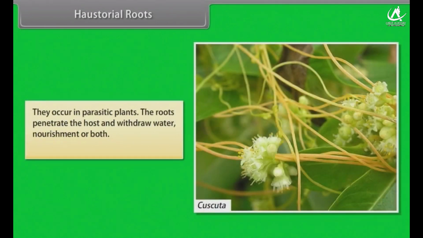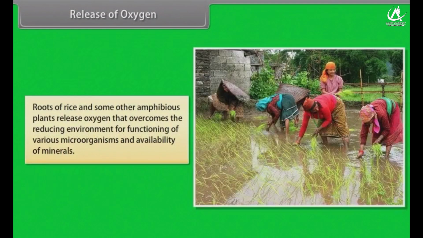Haustorial roots occur in parasitic plants. The roots penetrate the host and withdraw water, nourishment, or both. Examples: Cuscuta, Viscum. Release of oxygen: roots of rice and some other amphibious plants release oxygen that overcomes the reducing environment for functioning of various microorganisms and availability of minerals.